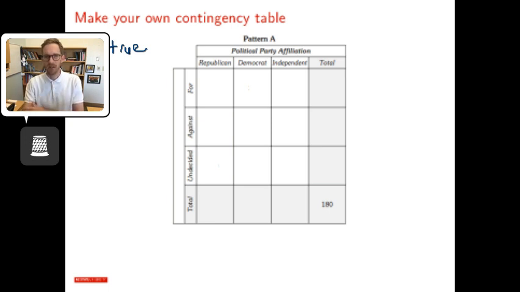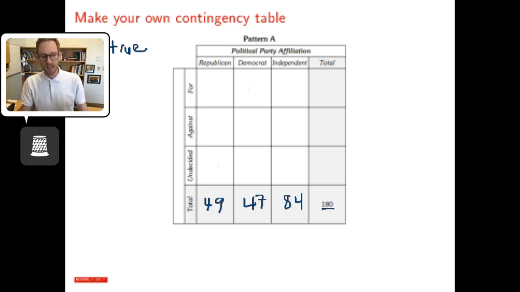Let me give you the numbers first: of the sample of 180, let's say we have 49 Republicans, 47 Democrats, and 84 Independents. That roughly corresponds to 26 and 27%, and the rest I just put as independents. So that equals our total of 180.